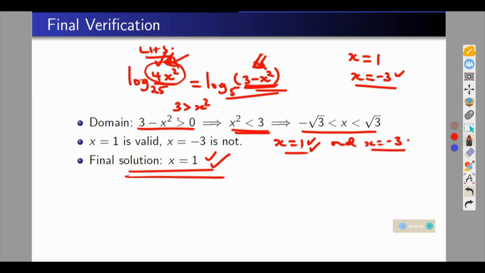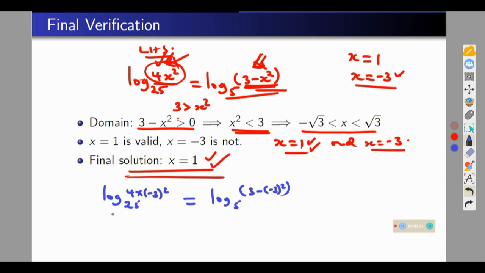If you need, you can do the verification from the given expression. If you have log base 25 of 4 times negative 3 squared, is this equal to log base 5 of 3 minus negative 3 squared?